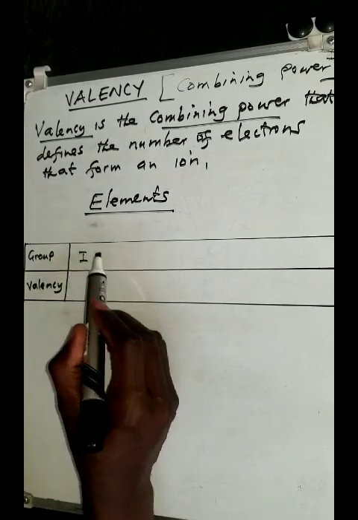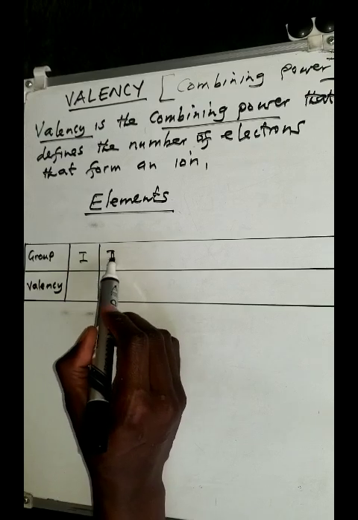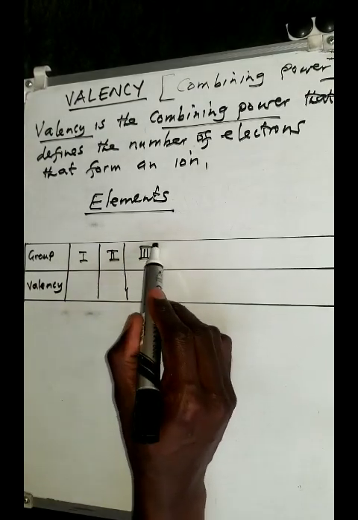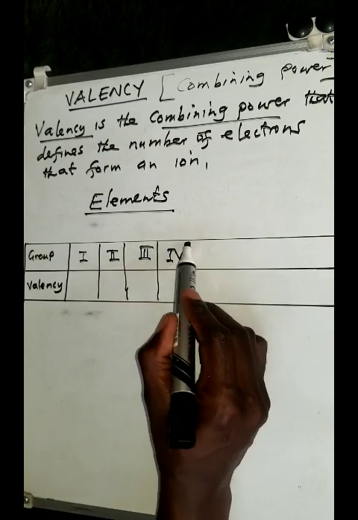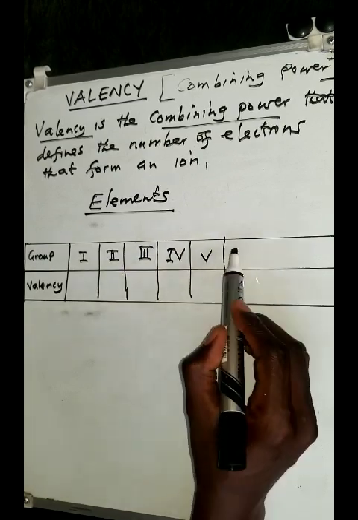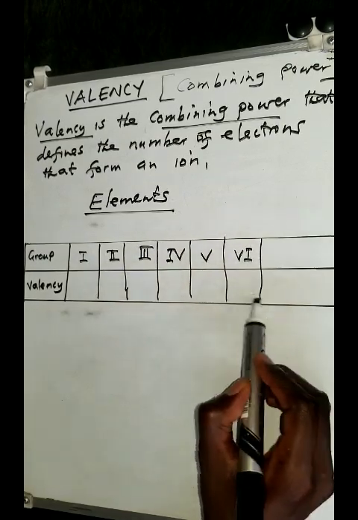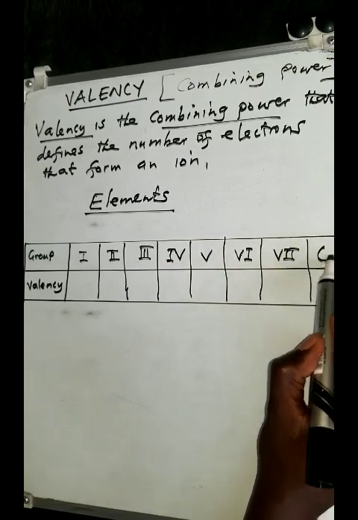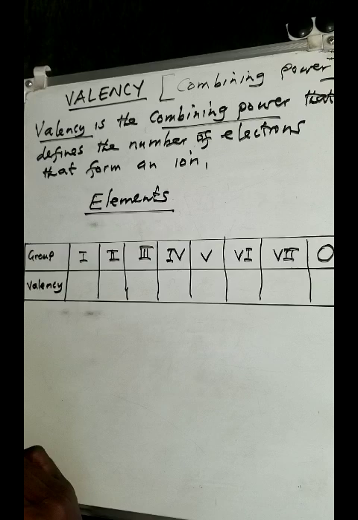You can be in group 1, group 2, group 3, group 4, group 5, group 6, group 7, or group 8.